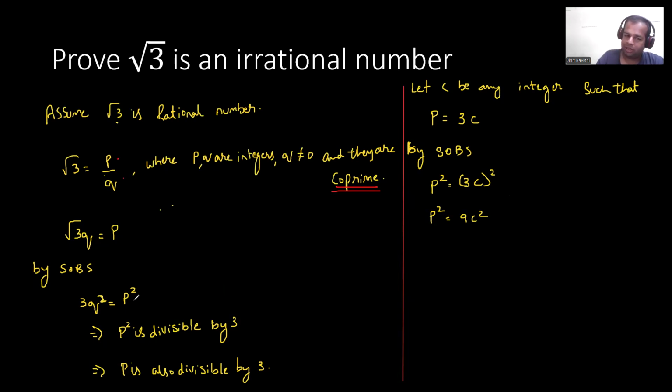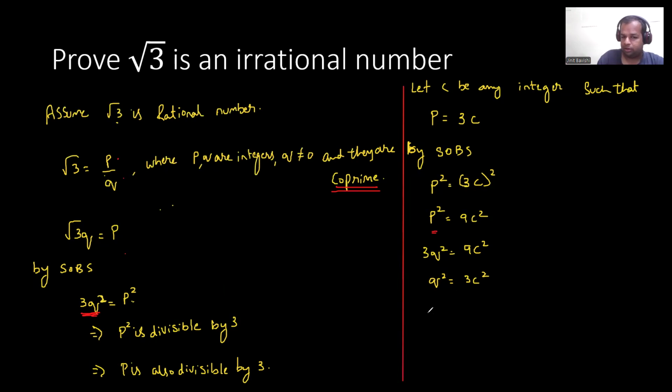But from the earlier version, you can see that P square can be written as 3Q square, no? So we'll write P square as 3Q square and put it over here. We'll replace this, so we will say 3Q square is equal to 9C square. So again, when we divide both sides by 3, we get Q square is equal to 3C square. And the same statement we got in the previous part we'll write over here, because Q square is written as 3 times some number, right?